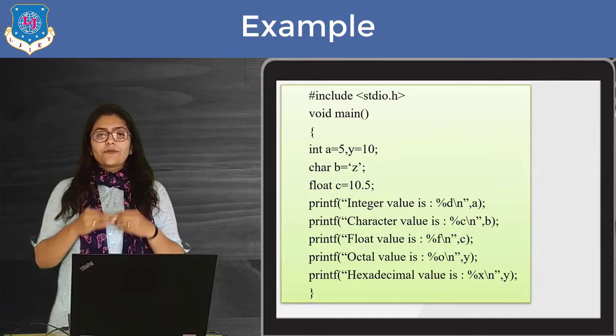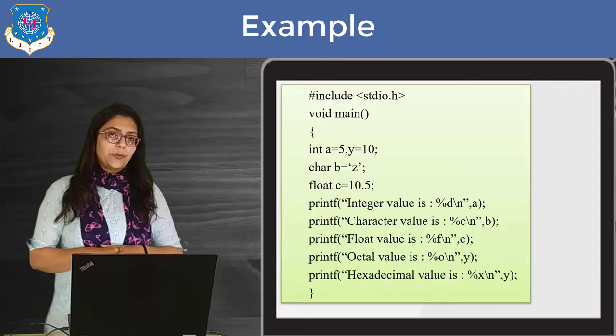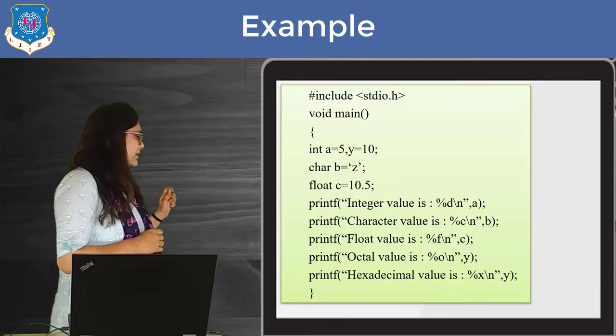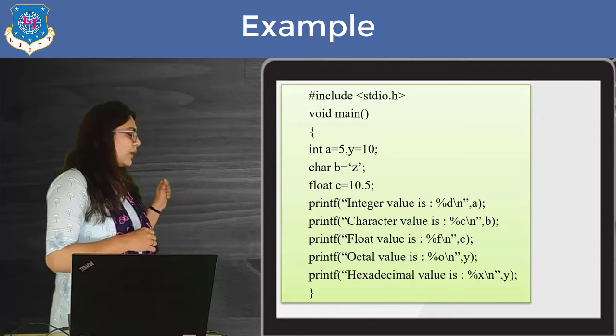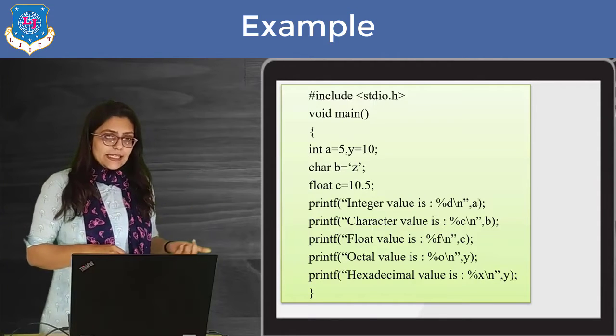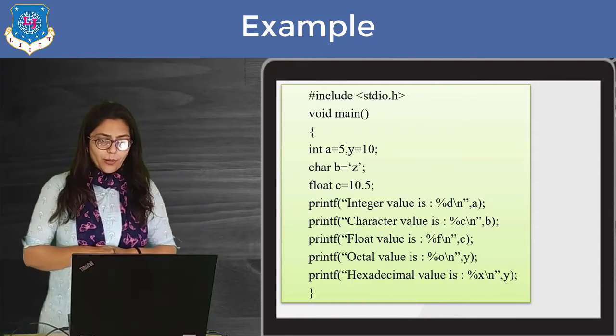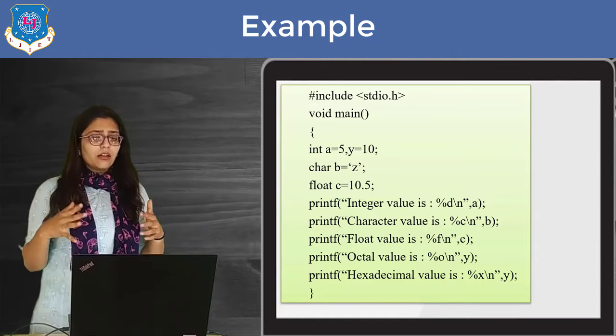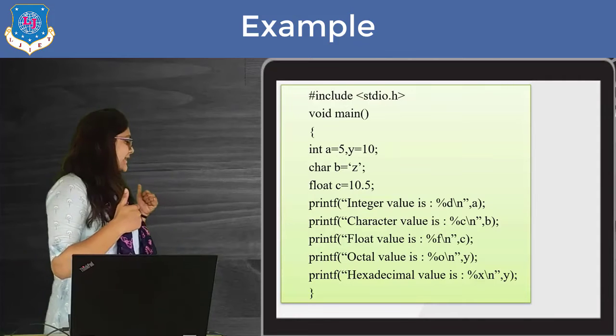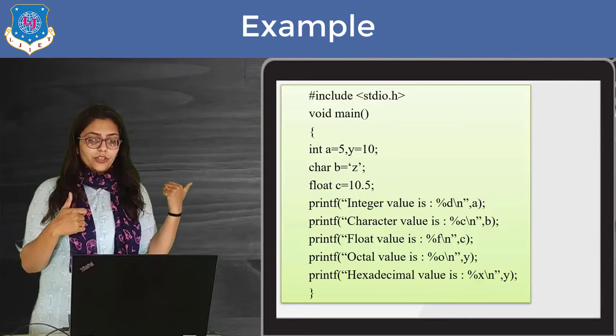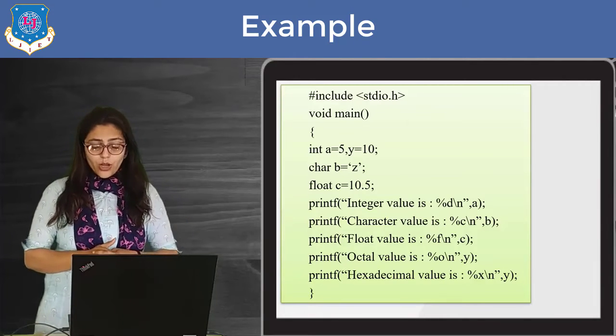As z is initialized as a character value, it is enclosed between single quotes, because whenever you declare or initialize a character, it must always be enclosed within single quotes. Now here c is declared as float and initialized with the value 10.5.